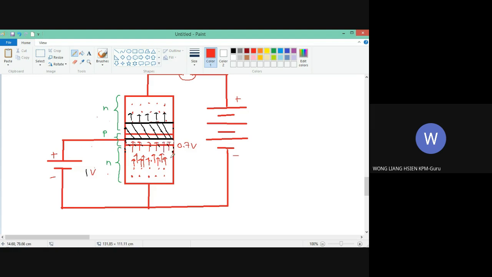The electron can pass through the junction, so the diffusion layer disappears, and then the electron can flow. When electron can flow, that means you will have current.